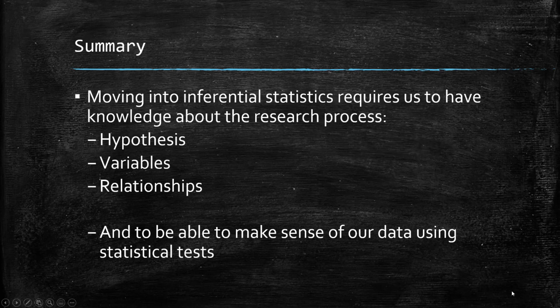So just to summarize a little bit here, because we've gone back to things we learned last semester that we need to remember this semester as we're moving into inferential statistics. We have to have knowledge about hypotheses, how to state the hypothesis, and whether it's a one-directional or a two-directional hypothesis. We have to remember our variable levels, nominal, ordinal, interval, ratio, because that's how we choose which test to run.